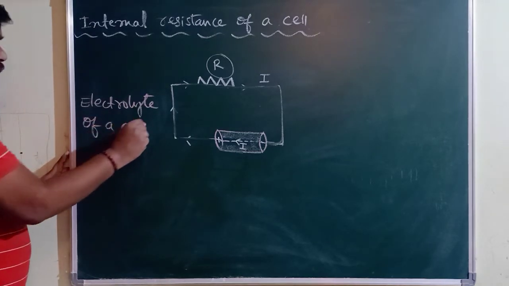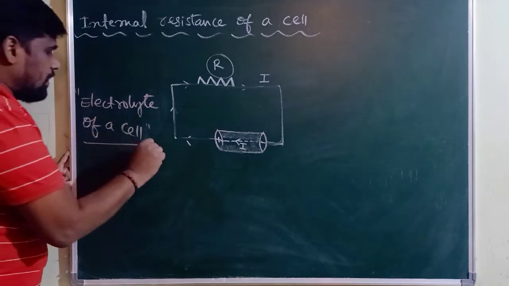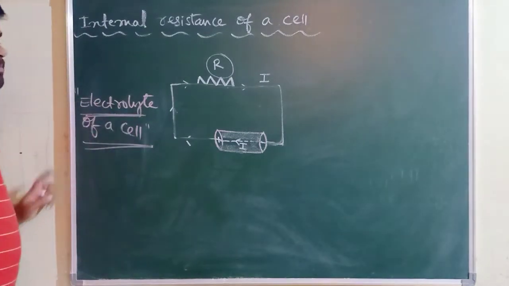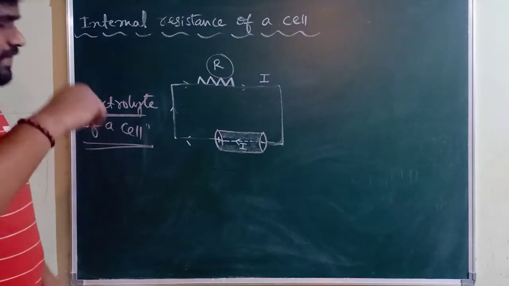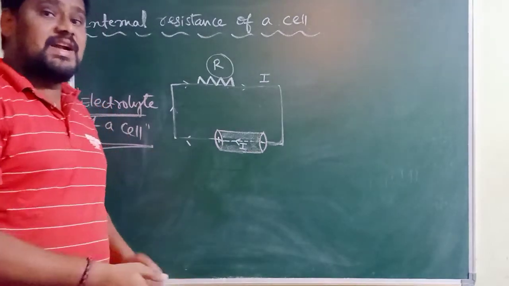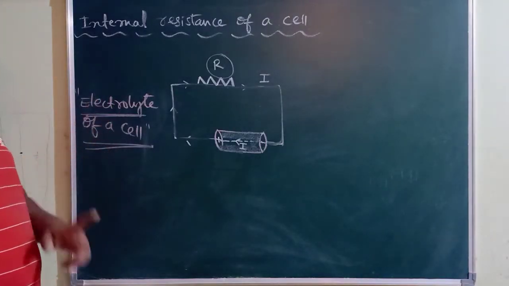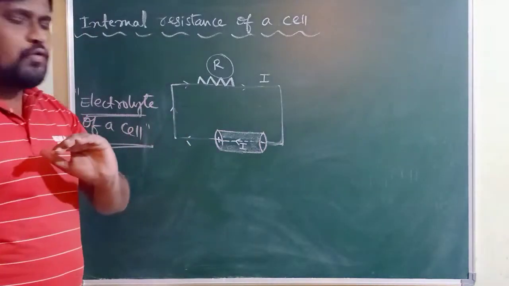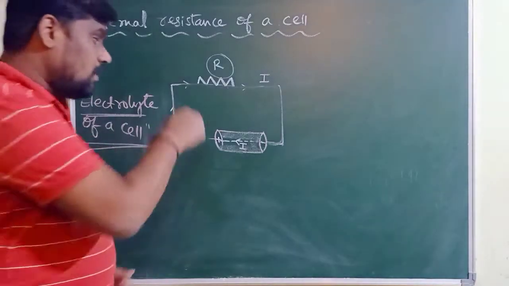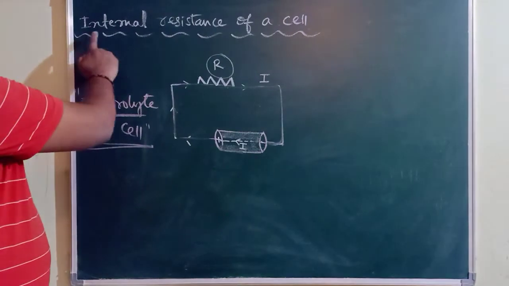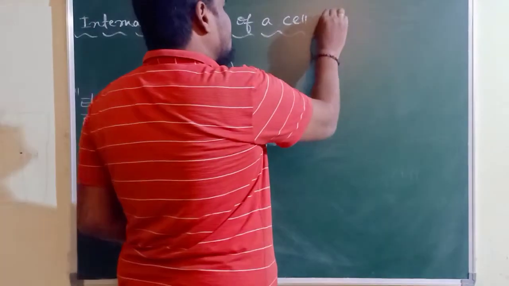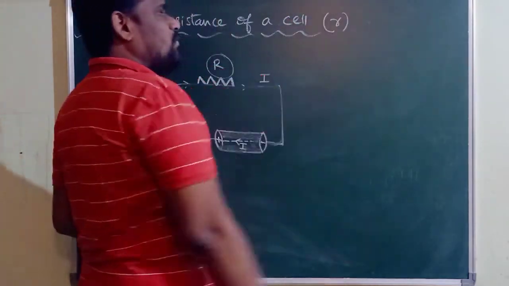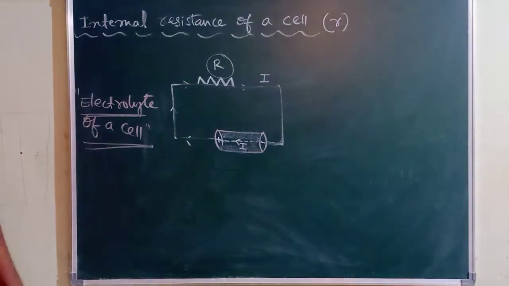That electrolyte of the cell is going to exert some opposition force for the flow of electric current. That opposition force exerted by the electrolyte of the cell for the flow of electric current inside the cell, we'll call it the internal resistance of a cell. And this internal resistance of a cell, we'll call it small r.